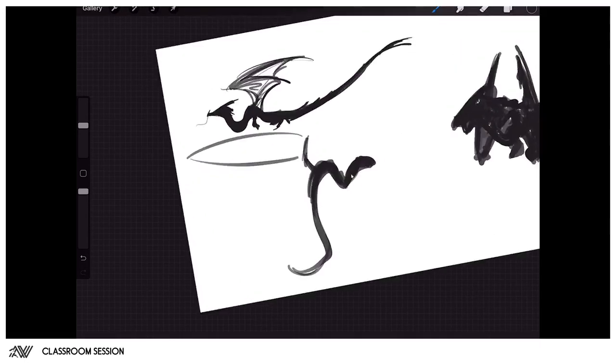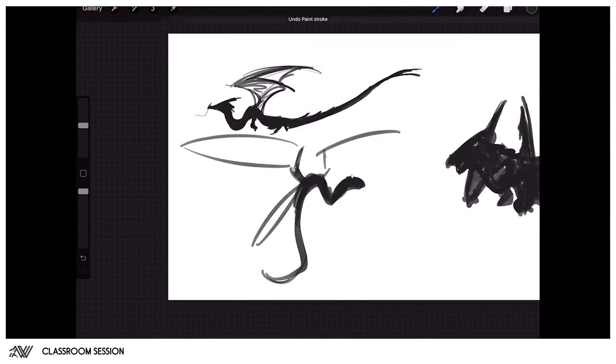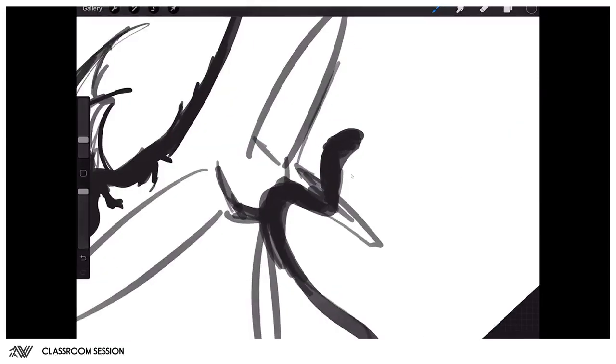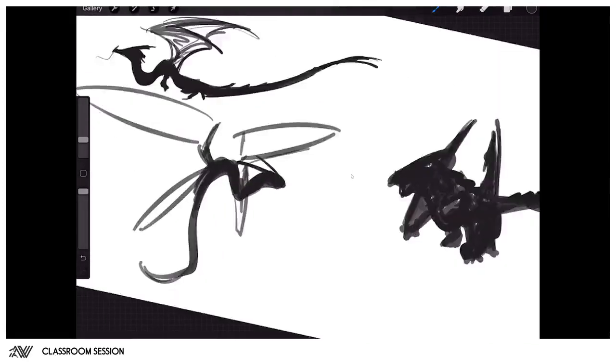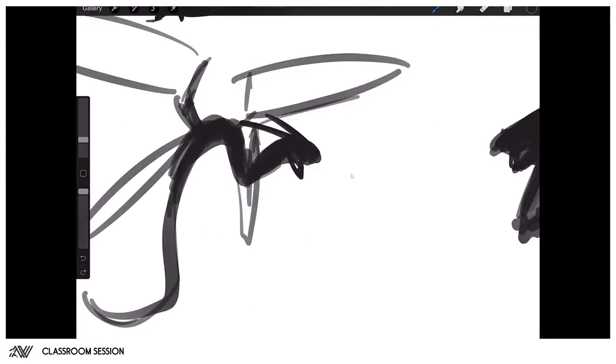But now we make him insect wings. But it's still a dragon, right? So horns, maybe an open mouth if you want to.